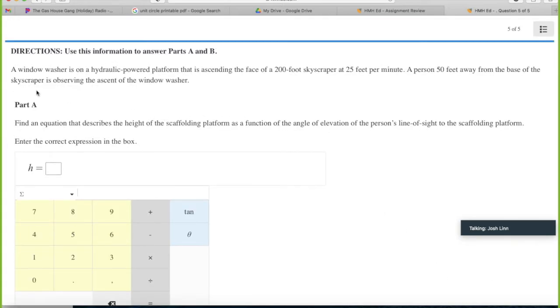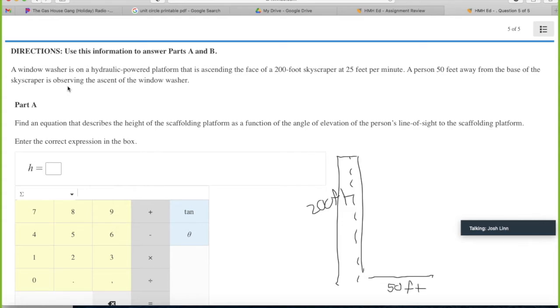Last but not least, ooh, it's a word problem. A window washer is on a hydraulic-powered platform that is ascending the face of a 200-foot, oh look, I'm drawing a picture, 200-foot skyscraper at 25 feet per minute. A person 50 feet away from the base of the skyscraper is observing the ascent of the window washer.